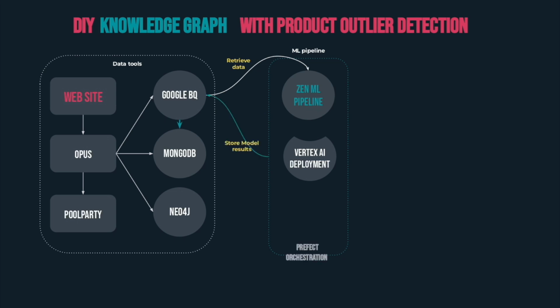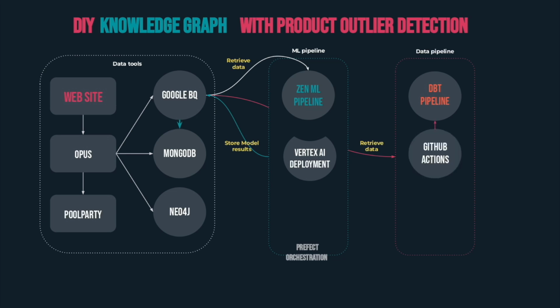Then, of course, we store our model data in BigQuery. Then we retrieve the data for the DBT pipeline from BigQuery and run this pipeline deployment with GitHub Actions for the multi-BU environment. We have the perfect deployment on this part and also perfect orchestration after.